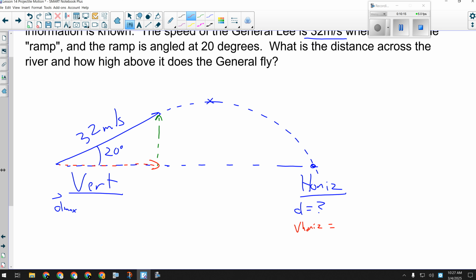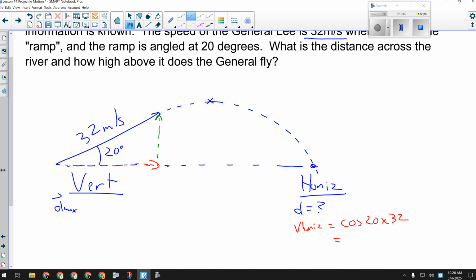How do I find the red line? I put in 32 times cos of 20. Exactly. Use trigonometry. That's the adjacent side to the hypotenuse and to the angle. So I would go cos of 20 degrees times 32 meters per second.